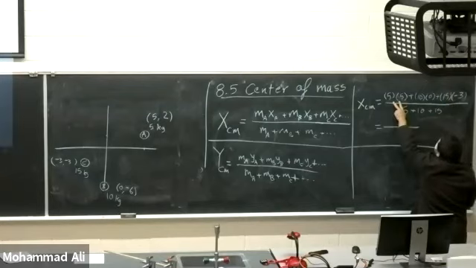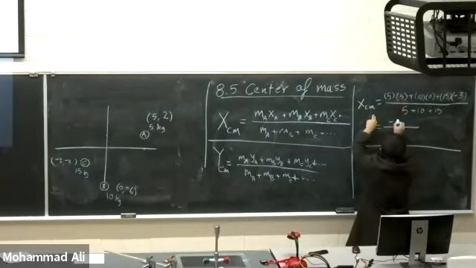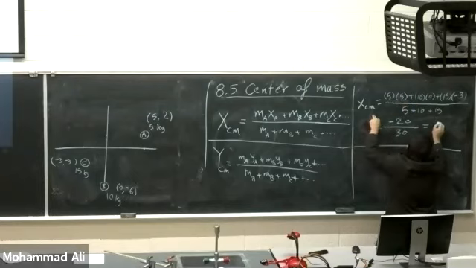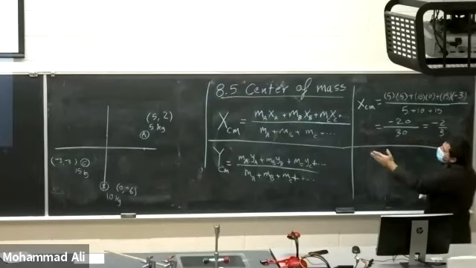This will be equal to minus 20 over 30. So it will be equal to minus 2 over 3. This is x. Maybe our units are in meters.